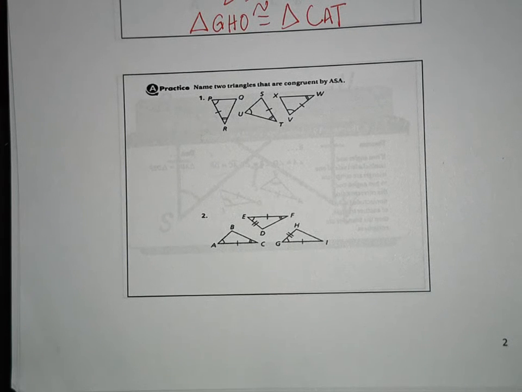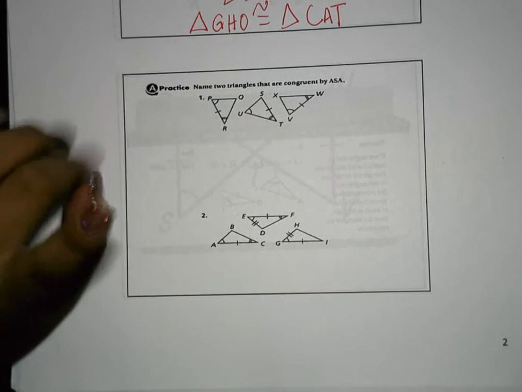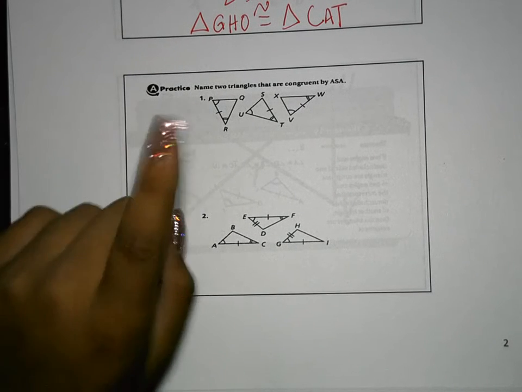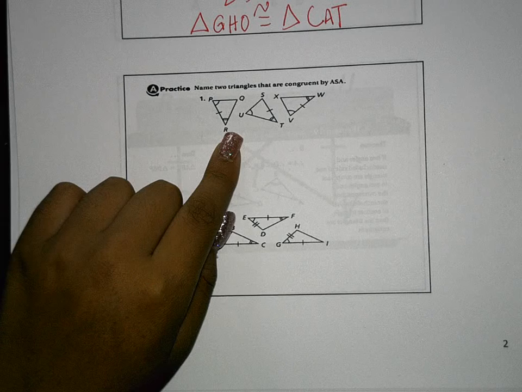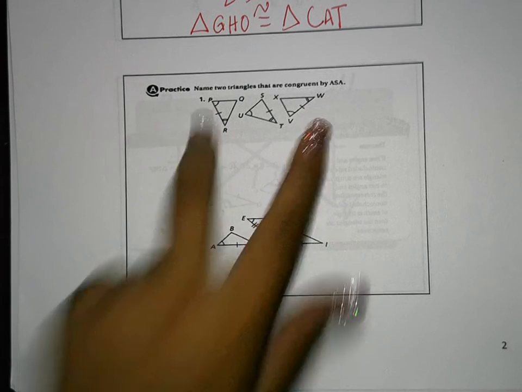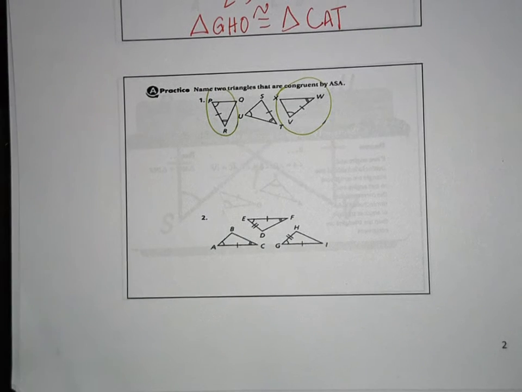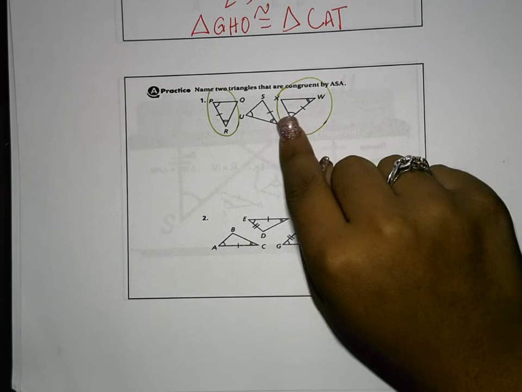The first one and then the last one again, they're both congruent by angle, side angle, because they're sandwiched in between, and this one isn't.